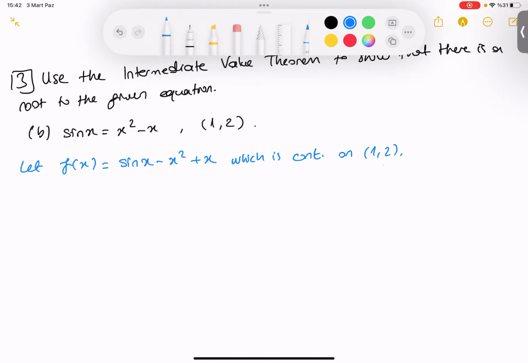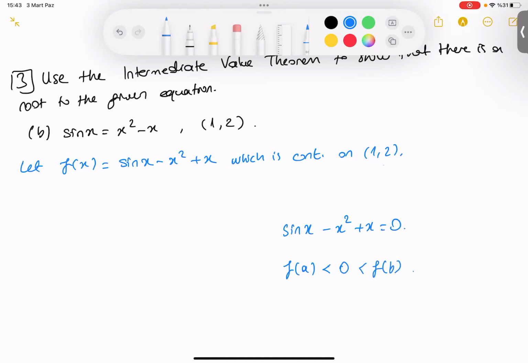Okay, so you need to say that this equation has a root, which means for some x, you need to have this equality. To apply the intermediate value theorem, you need to find 2 points, A and B, let's say. One of them gets some value under f which is less than 0, and the other one is positive, okay?